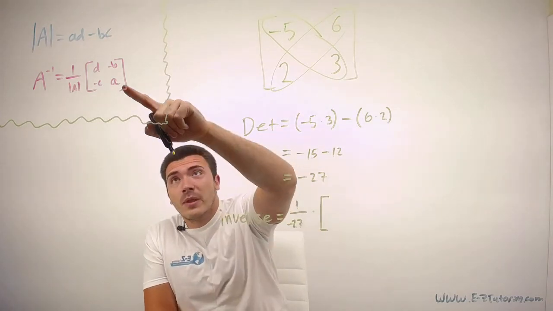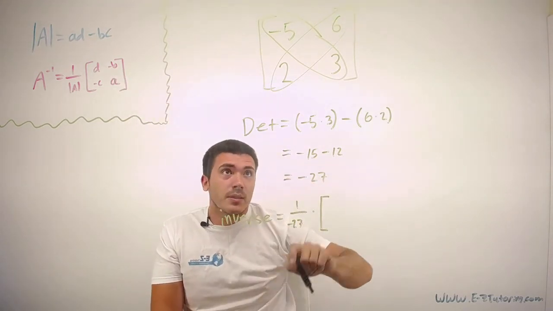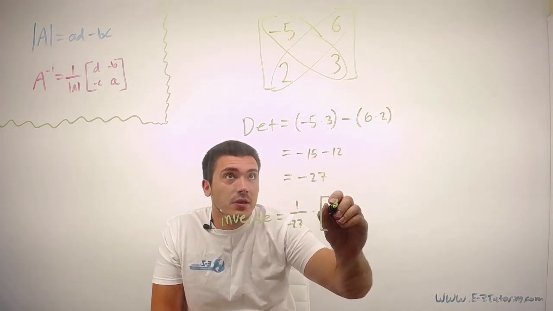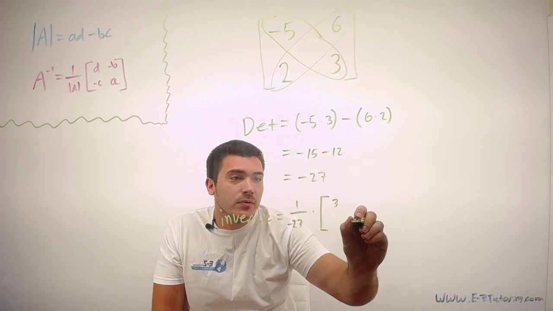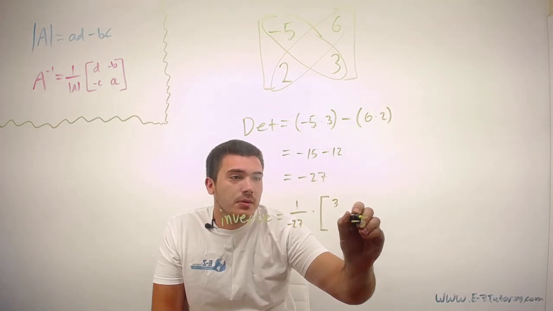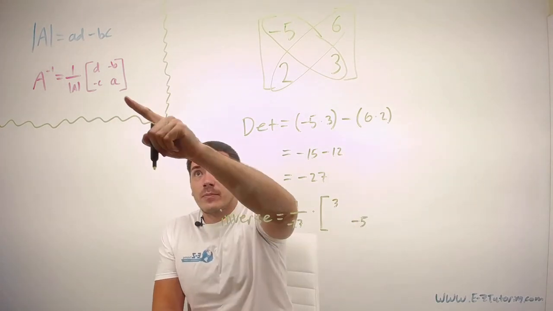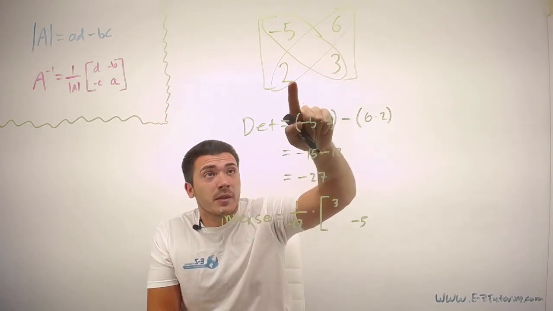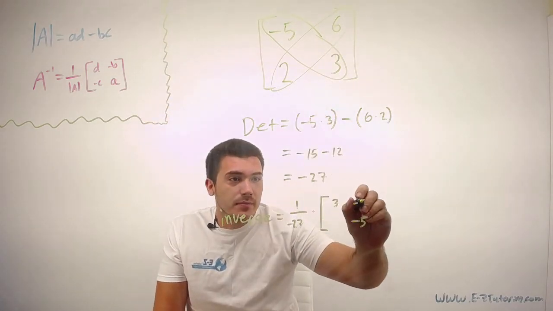Now if you remember, we have to switch these two numbers. So we switch the 3 and the -5. So the 3 goes here and the -5 goes here. And then we have to put negatives on the other two numbers. So the 6 becomes negative and the 2 becomes negative.